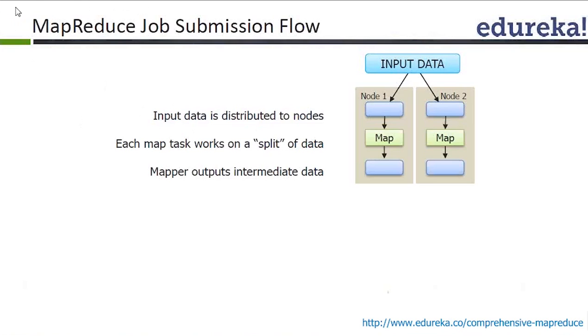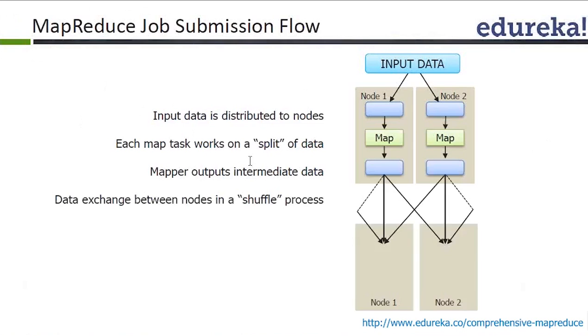You know that. Guys, where is the intermediate data stored? I forgot. If you can recollect it for me. Where is the intermediate data stored? It is stored in our local file system in the data node. Then there would be a data exchange between nodes in the shuffle phase.